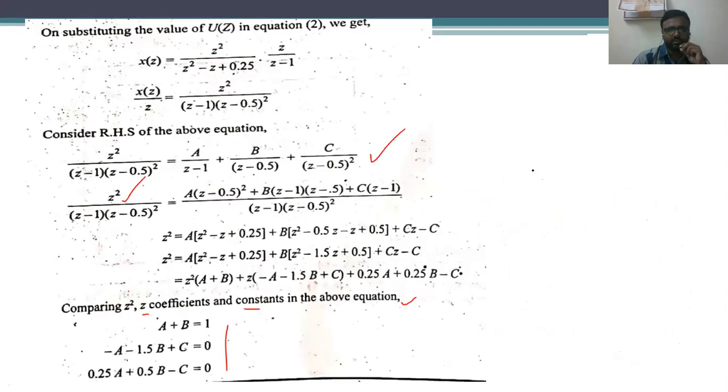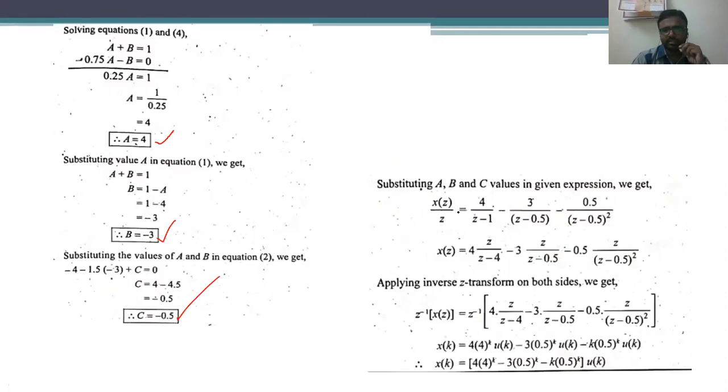That means this is the equation. That is nothing but x of z divided by z is equal to 4 divided by z minus 1 minus 3 divided by z minus 0.5 minus 0.5 divided by z minus 0.5 whole square.